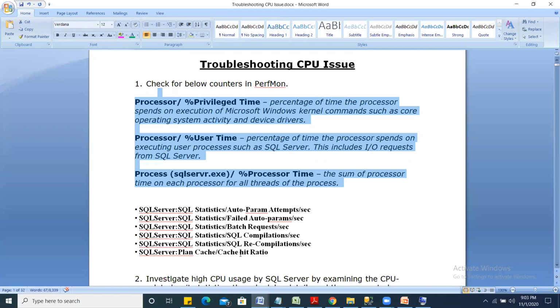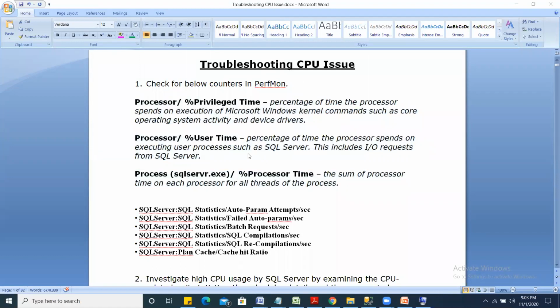What you have written is Task Manager processes. These are not Task Manager processes. You should not rely on Task Manager; that is a poor practice. People usually go there and see how much SQL Server or any application is utilizing.